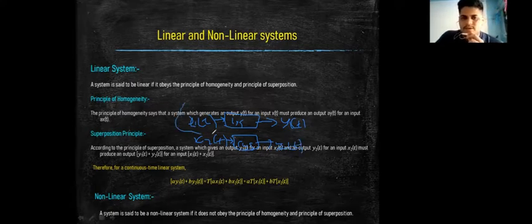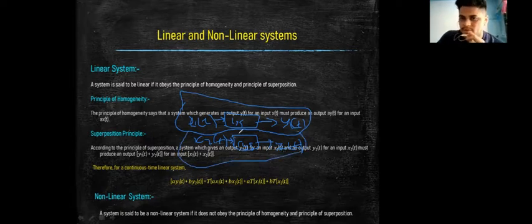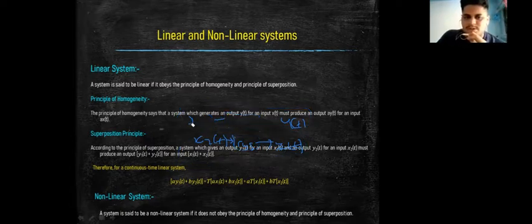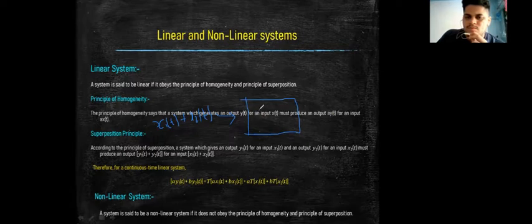So when we apply x1(t), we get an output y1(t), and when we apply x2(t), we get y2(t). But the principle of superposition states that if we apply the summation of both of these signals, that is x1(t) plus x2(t), to a system, we must get an output as the summation of the outputs which we would have got as individual outputs, which we saw before.